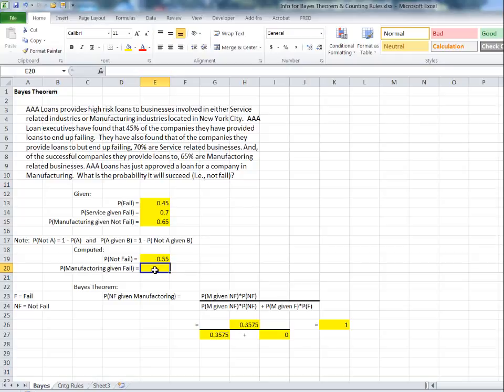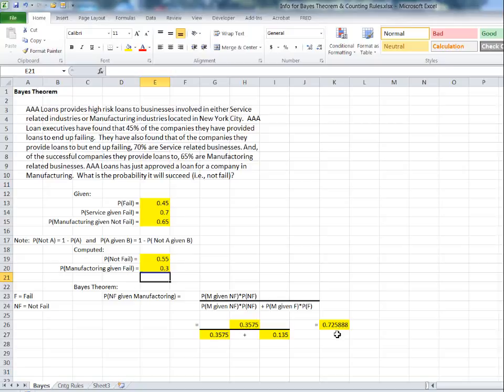So we can do 1 minus, and we've got what we need now. Now this could have been given to us directly up here, and that would have been better. But it wasn't. But we could easily find it based on our knowledge of what the complement for a conditional probability would be.